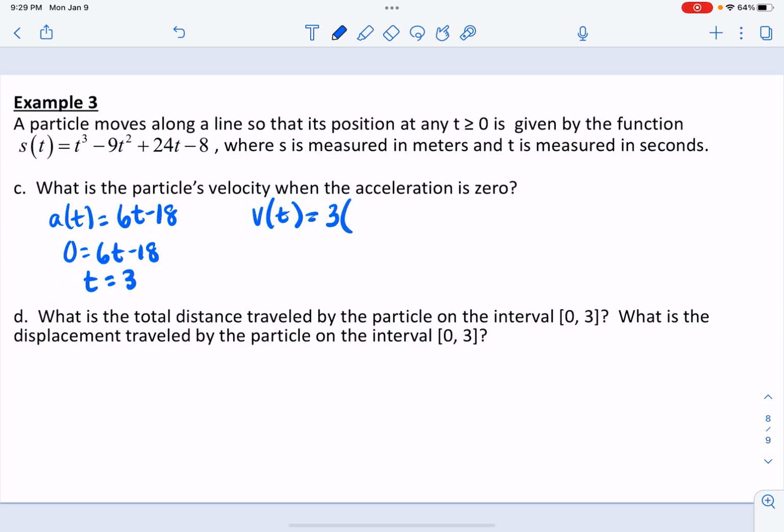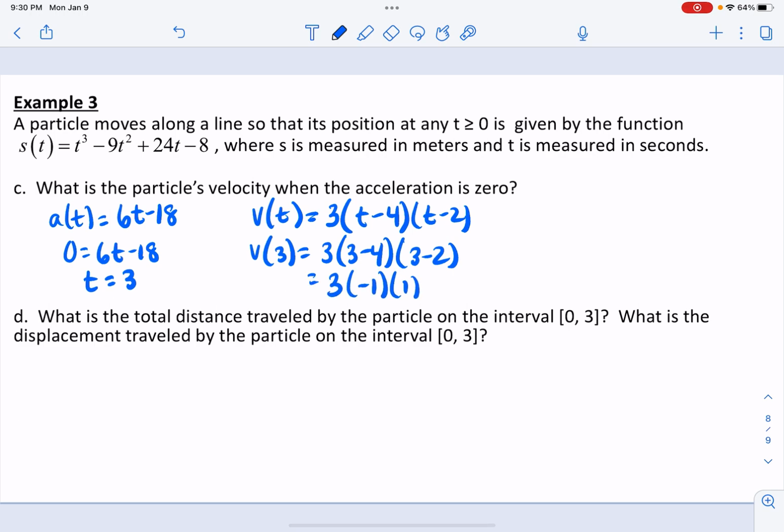I'm going to use the factored version because, quite honestly, it's a lot easier. And let's see what my units are. We're looking for velocity, so the units are meters per second.